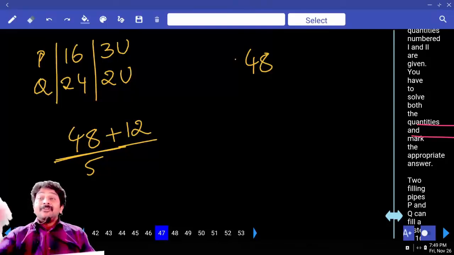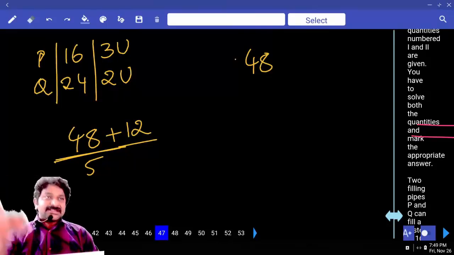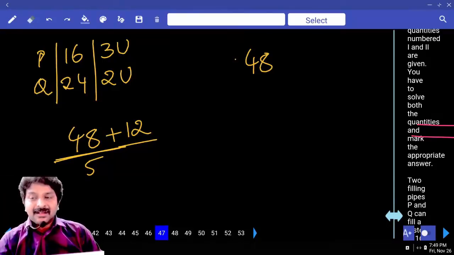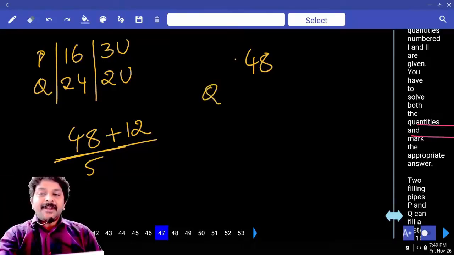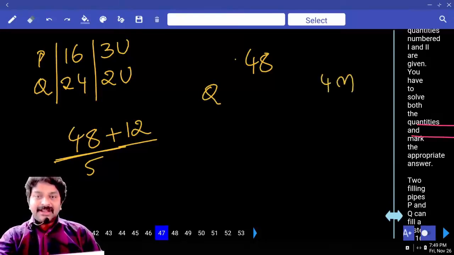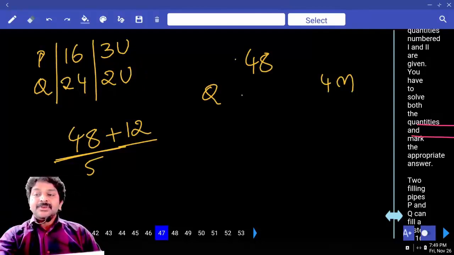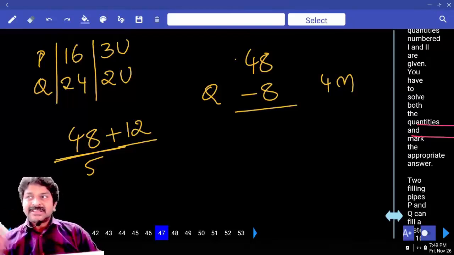Come on, 4 minutes before the tank gets full. That means in the last 4 minutes, which tap is open? So Q is open for the last 4 minutes, and in 4 minutes Q can complete how many units of work? So 8 units of work is completed by Q in the last 4 minutes, correct?